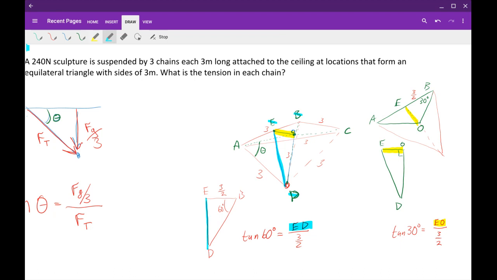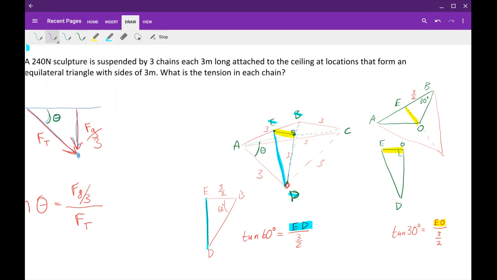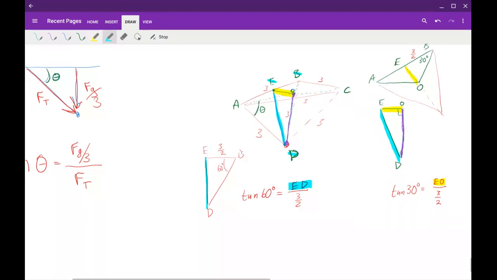And so therefore, I can figure out, oh man, I need another color. Let's go with purple. I can figure out this, OD. I had that one already, OD. And so I have ED, and there's EO.